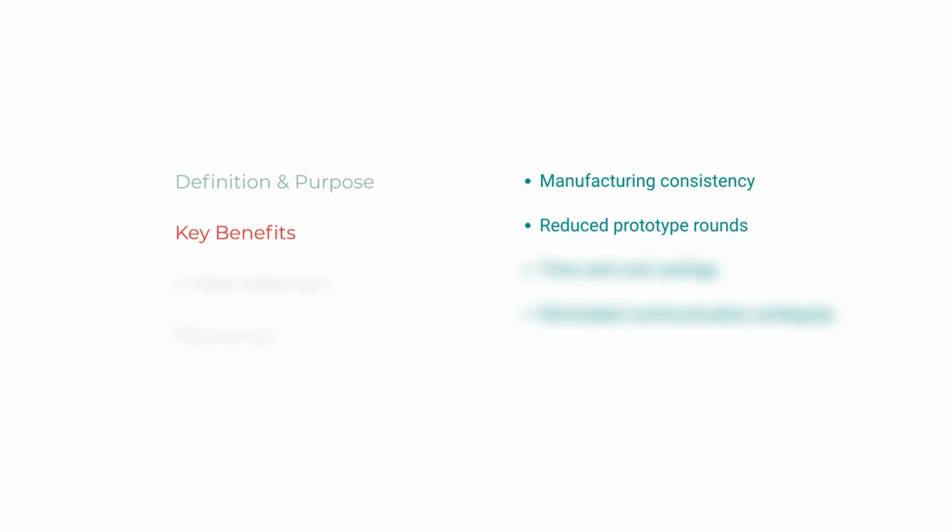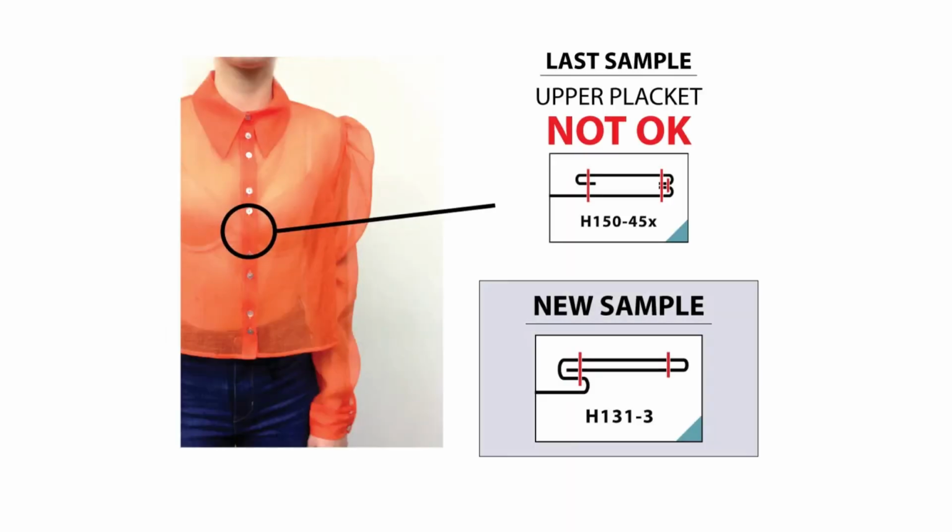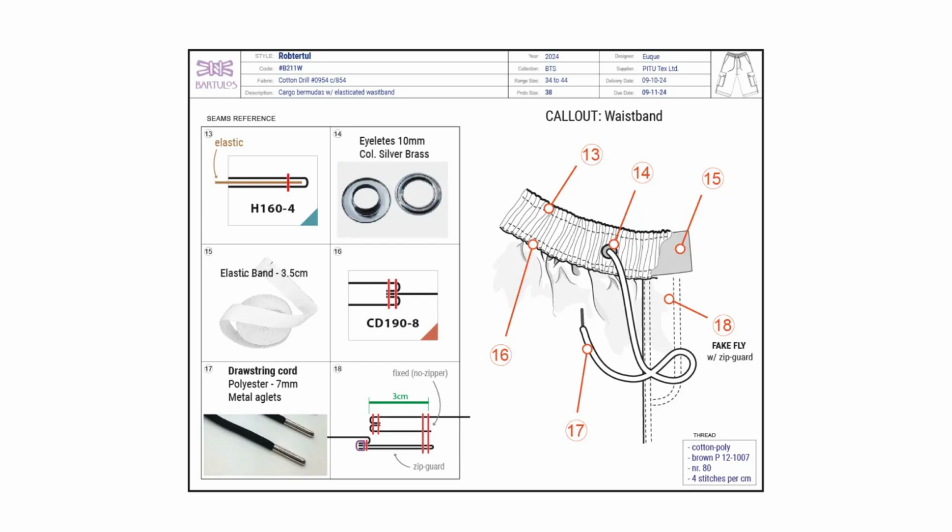Which saves huge amounts of time and money. Prototypes are expensive and slow things down. ASCS helps get it right faster. Fewer rounds of back and forth. Exactly. It cuts down on misinterpretations in the construction details, avoids manufacturing errors, and ultimately it just improves product quality right from the get-go.